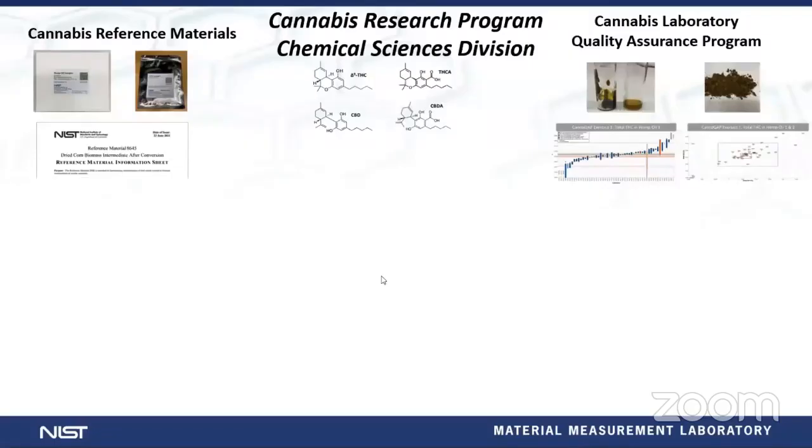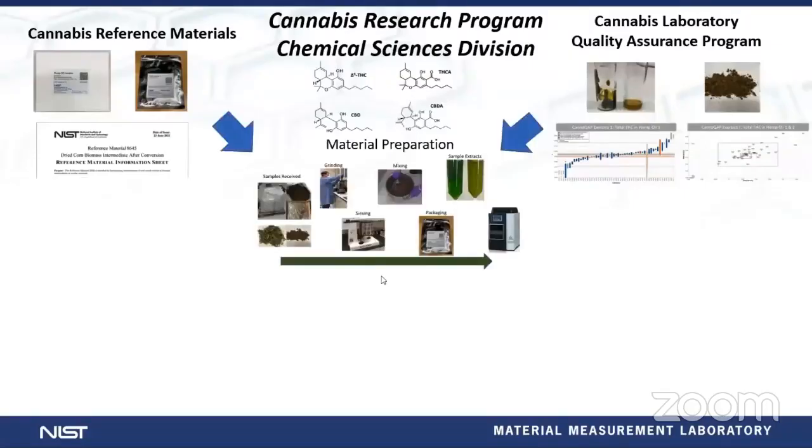Both of these types of materials that we develop here at NIST go through the same process, where it starts with samples being received, either through purchasing hemp plant biomass material or obtaining adjudicated samples from a local forensic laboratory.